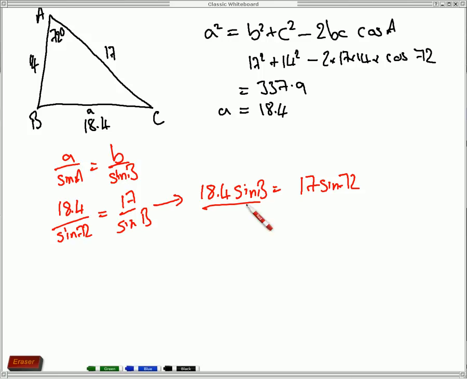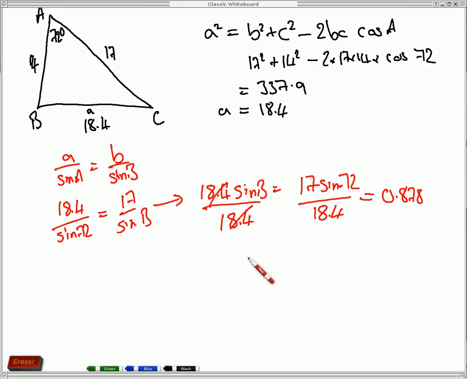Divide both sides by 18.4. So that and that cancel out. Sine B equals 17 sine 72 over 18.4. That comes out at, what, about 0.878, just rounding off the calculator a bit.